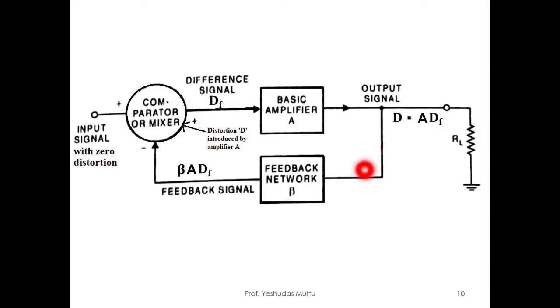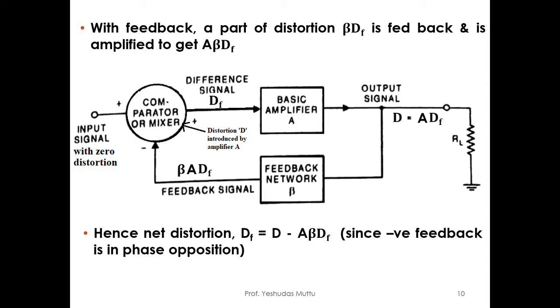This A DF is given to the feedback network, which will be multiplied with beta, so you get beta A DF. Now, this is minus, this is plus, and this is capital D. The difference signal will be DF equal to capital D minus beta A DF. I hope this is clear to you all.